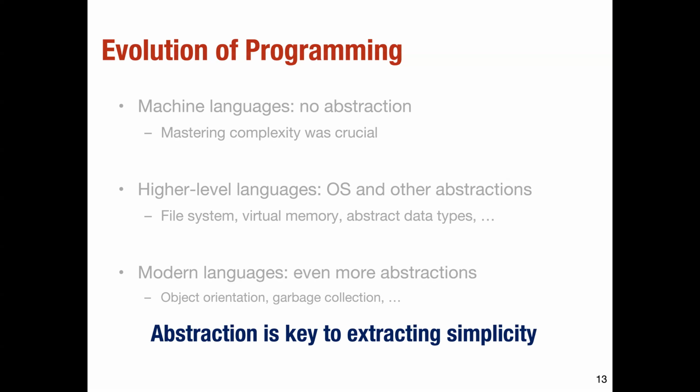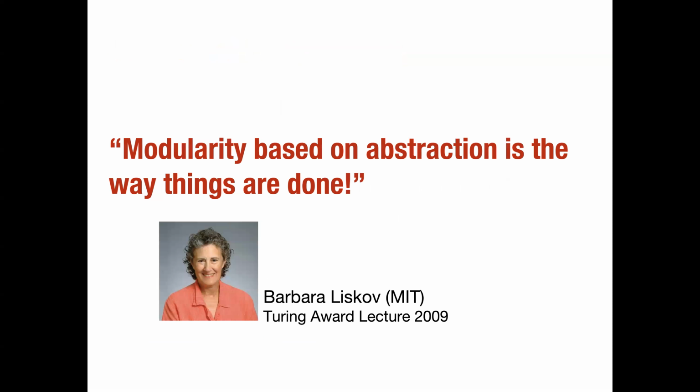So the key takeaway from this evolution of programming is that for extracting simplicity, abstraction is the key, right? And this is something which Barbara Liskov famously quoted in her Turing Award talk, that modularity based on abstraction is the way things are done and should be done, right?